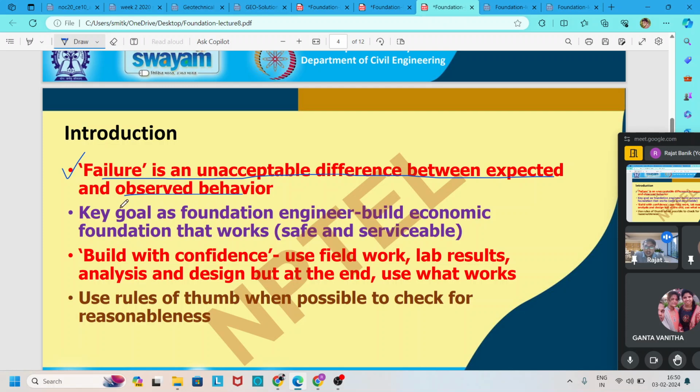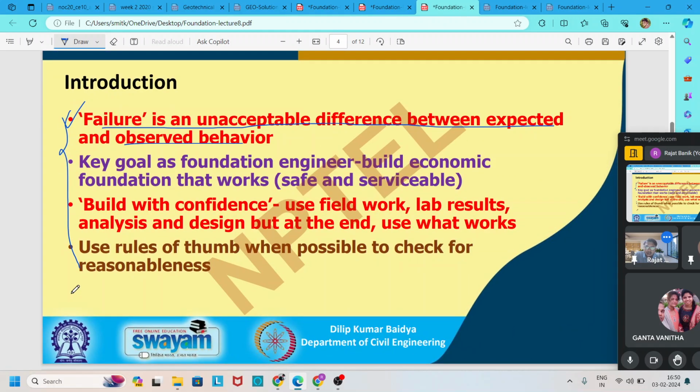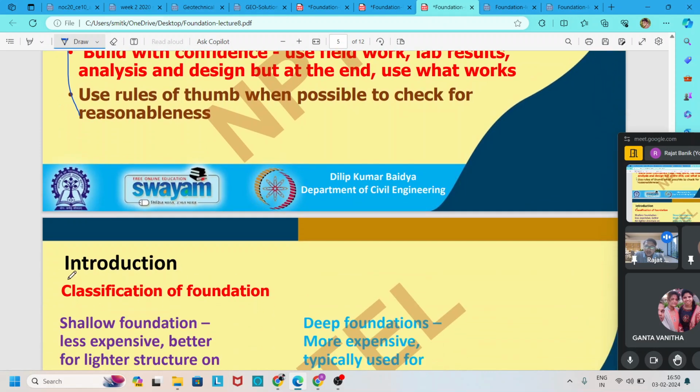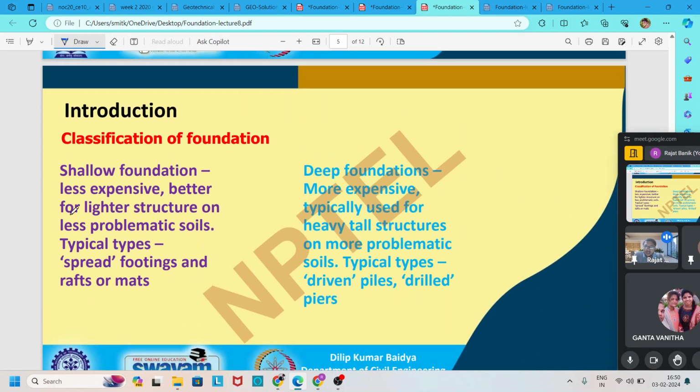So if we already know the nature of the material and we didn't expect something from this, then this is called failure. Now here some general points are given which are irrelevant here. So now we go with the classification of foundation.